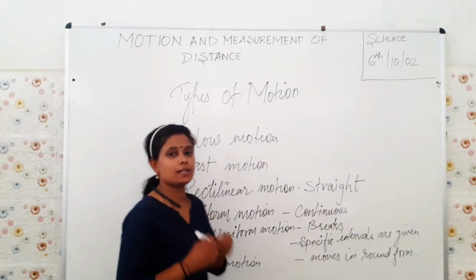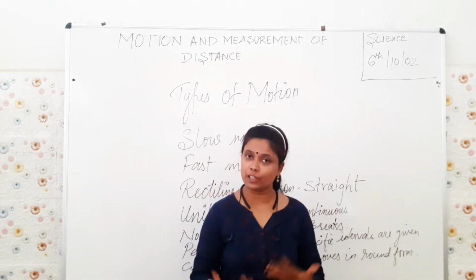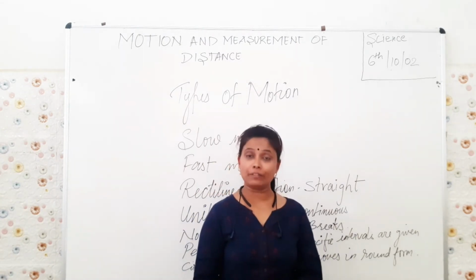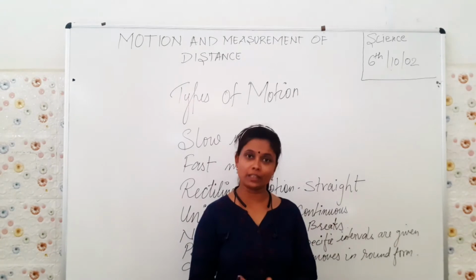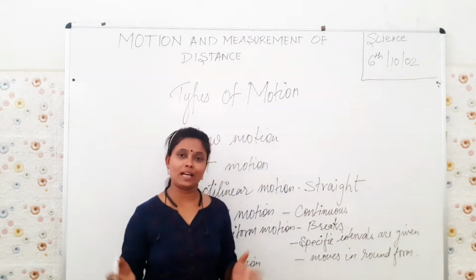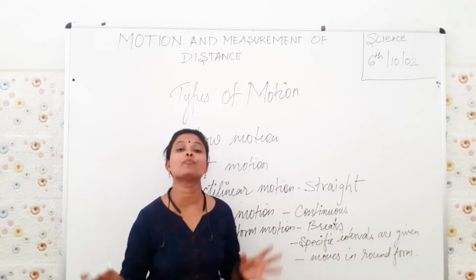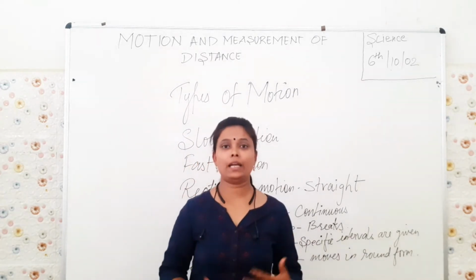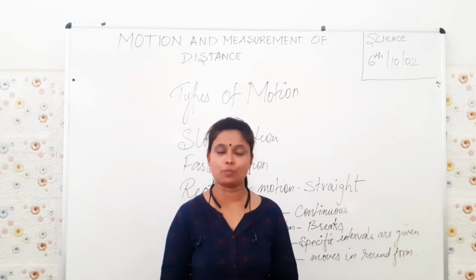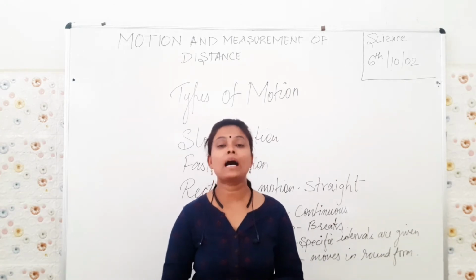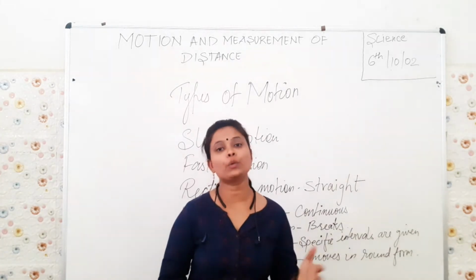How does the vehicle move? Even we move, or it can be a living thing or non-living thing too. Whether we are living or non-living, we all do some type of motion. Which type of motion is mine? Mine is non-uniform motion.